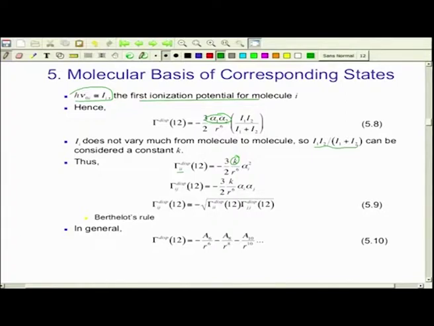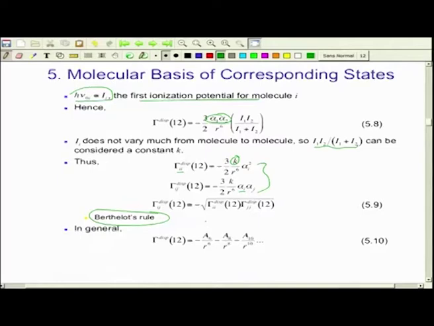For the mixed case between 1 and 2, it will be alpha I alpha J, and thus we can use this information to come up with a mixing model. If you are interested in obtaining the potential due to dispersion between 1 and 2, you can approximate it as a geometric mean between 1 1 and 2 2, and this is nothing but the Berthelot rule.